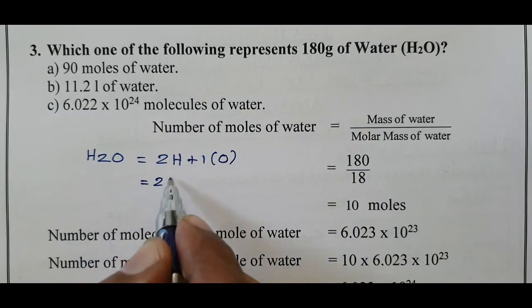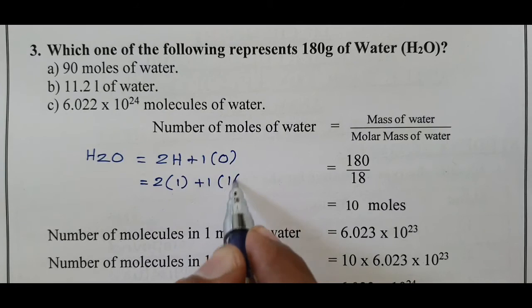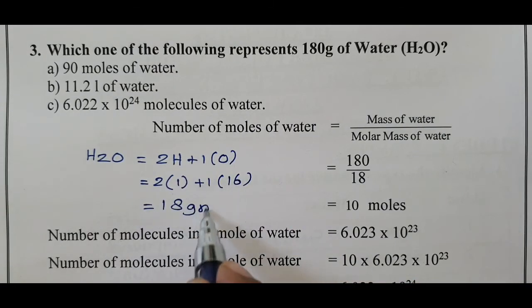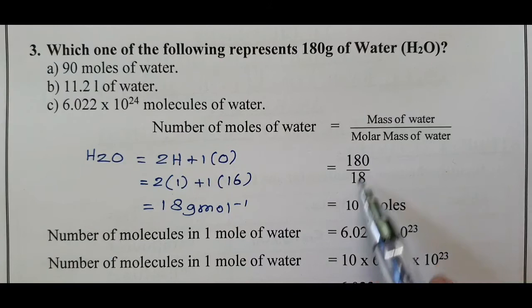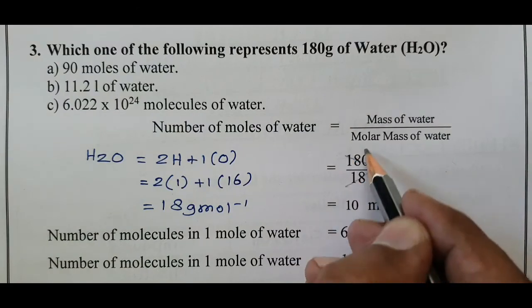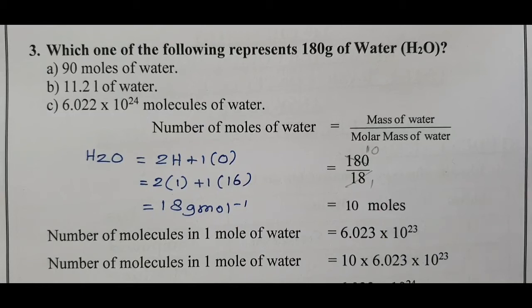That is equal to 2 into atomic mass of hydrogen 1, plus 1 into atomic mass of oxygen 16. That is equal to 18 gram mole power minus 1, the molar mass of water. Mass of water 180, molar mass of water 18. When we cancel, 10 18s are 180, so 10 moles.